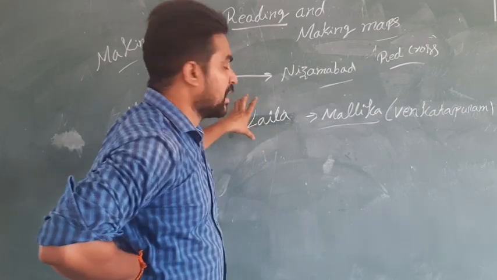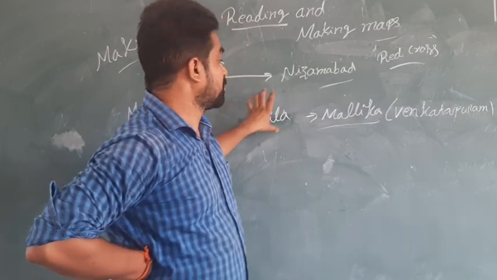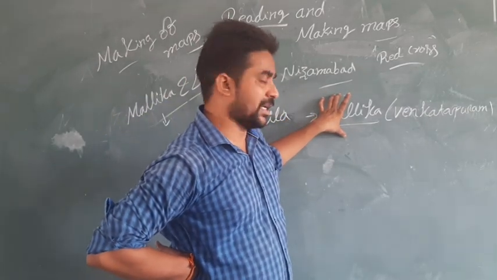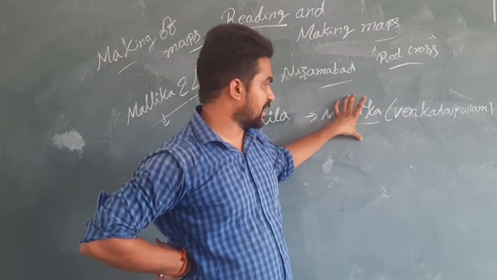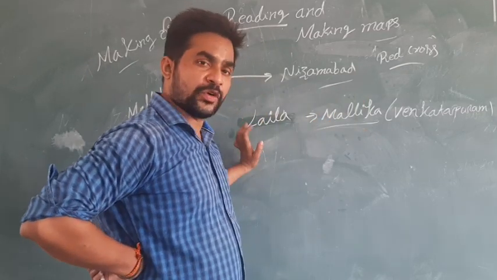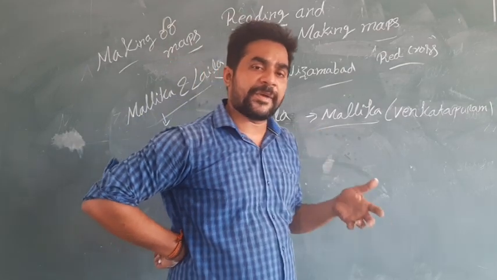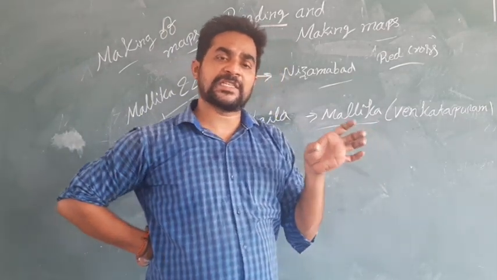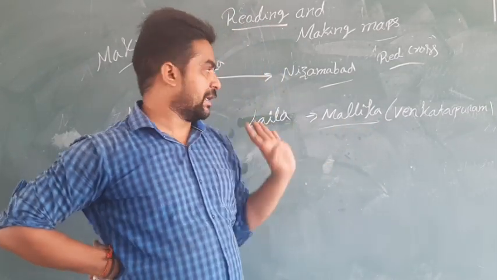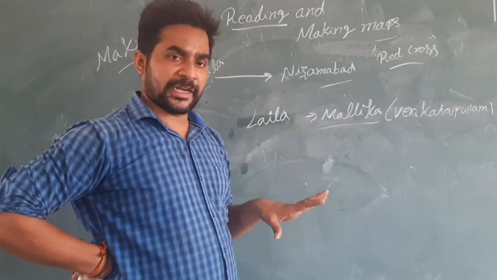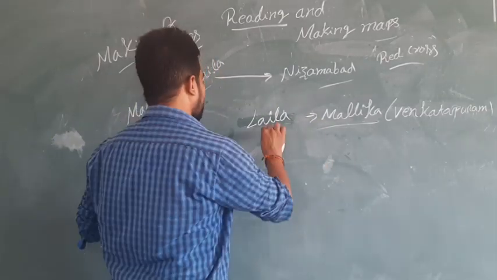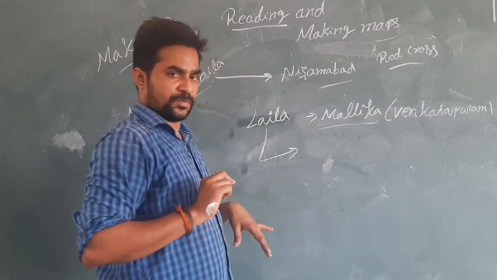Listen one more time. Laila wants to meet Mallika in the summer holidays. So Laila wrote a letter to Mallika: I'm coming to your home, please mention the address in the letter. So Mallika wrote a letter, and one day Laila came to Mallika's home.